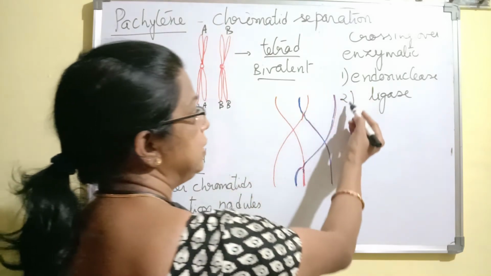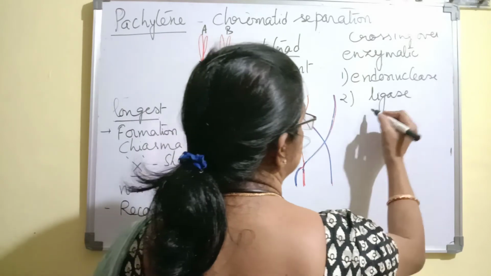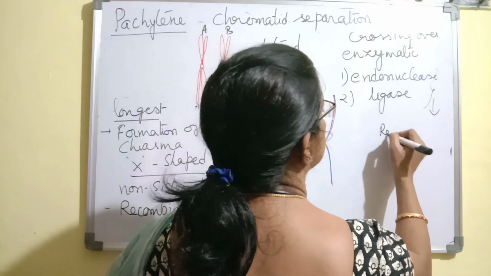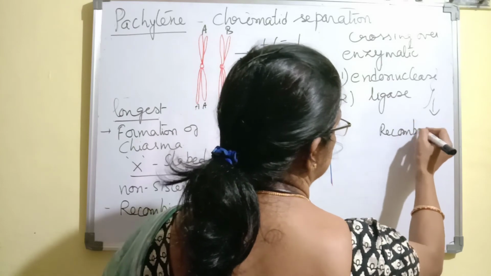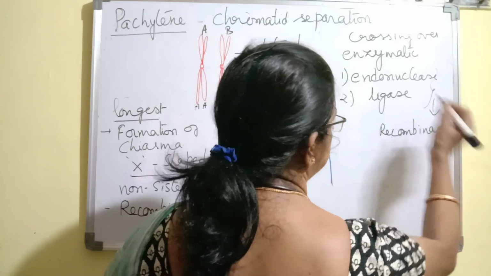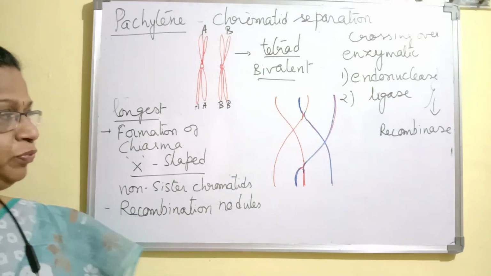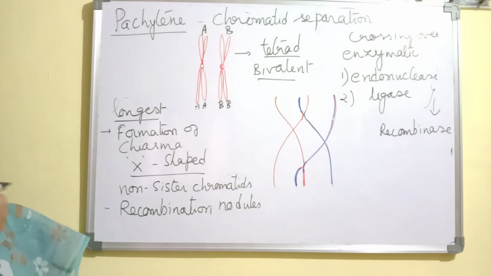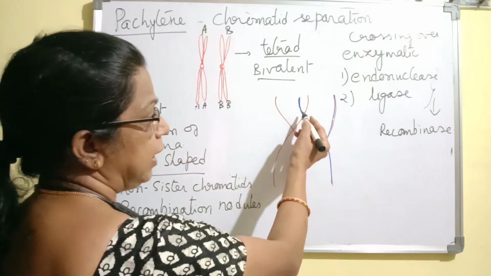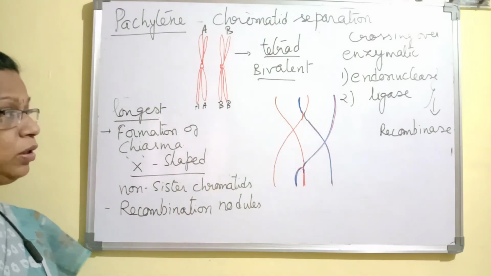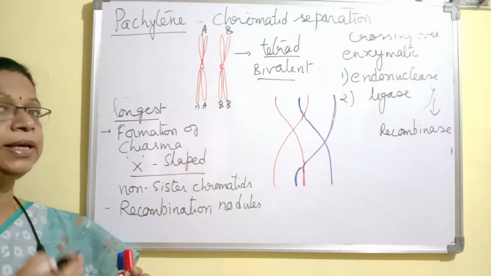So endonuclease and ligase, these two are involved. Together, these are also called the enzyme recombinase. So exchange has taken place and the chiasmata, the X-shaped structures, are still present. They become more clear in the next stage.